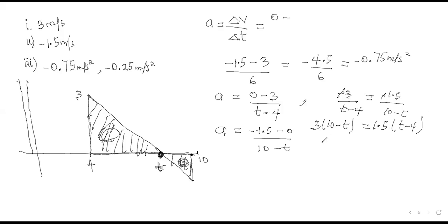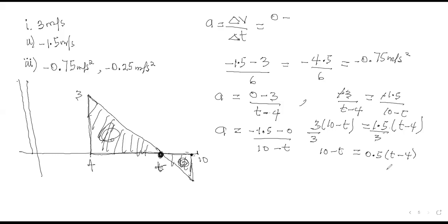When you divide through by 3, you have 10 minus T is equal to, what is 1.5 divided by 3? Are you there? Okay.